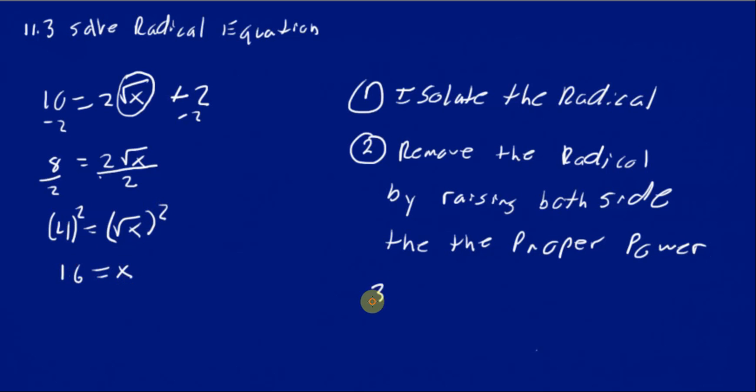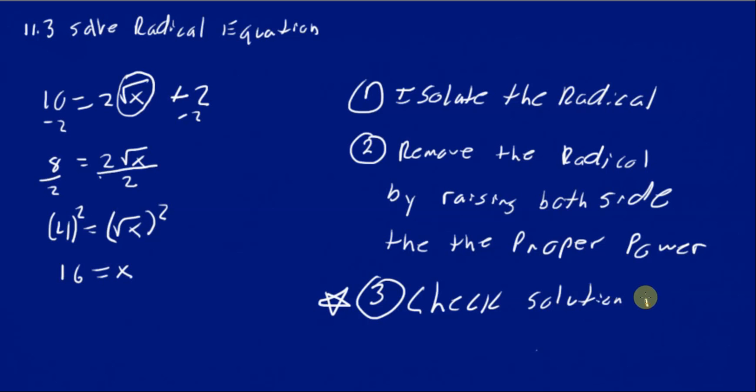Okay. Very important. This is not an option. It's not a suggestion. You must check your answers. So we're going to check for what we're going to call extraneous solutions, which are solutions that solve the equation after the radical's gone, but do not solve the original equation.